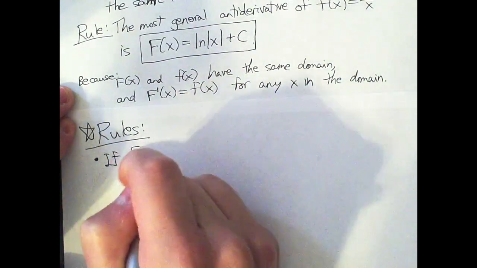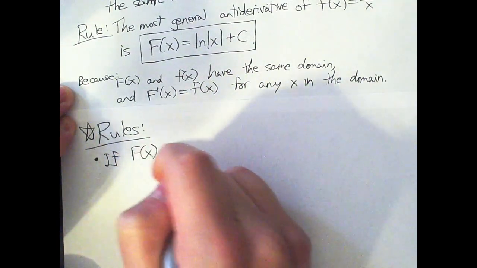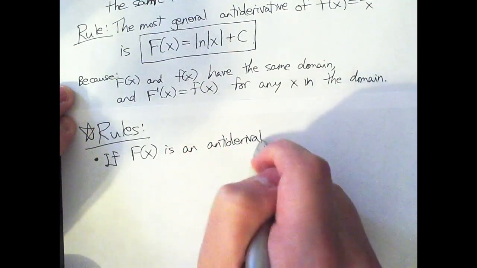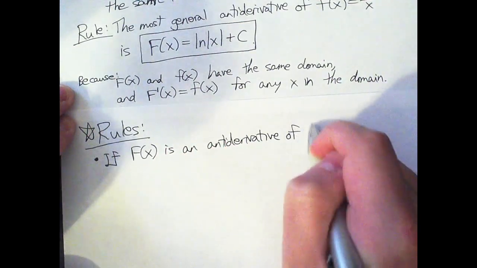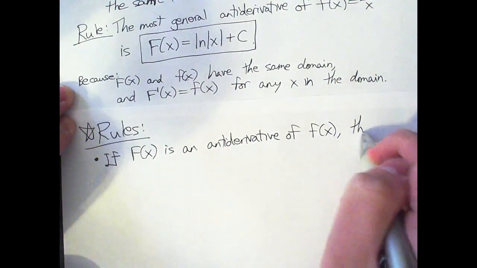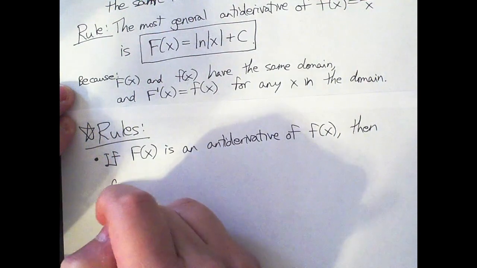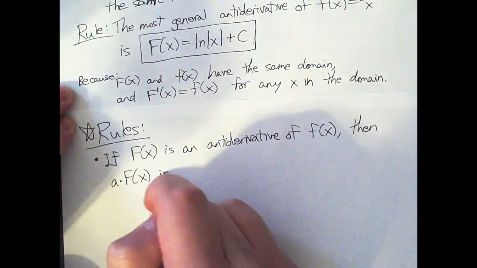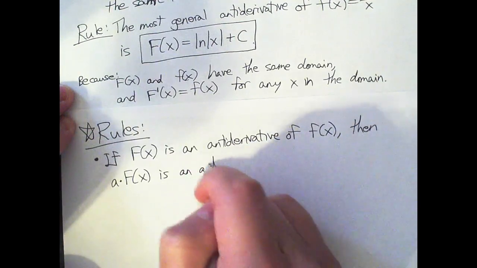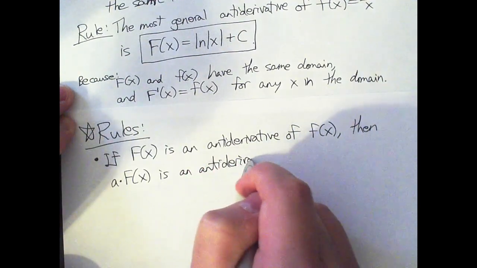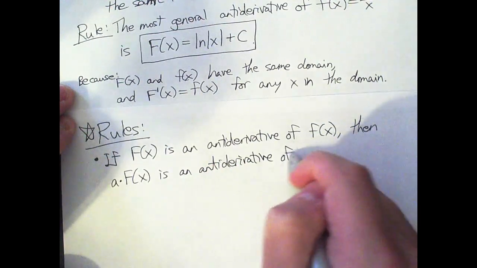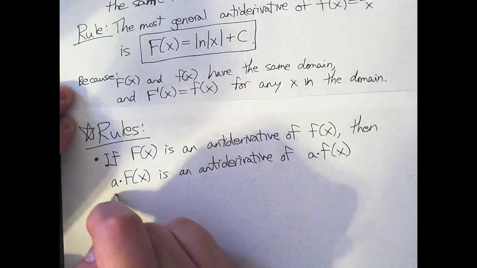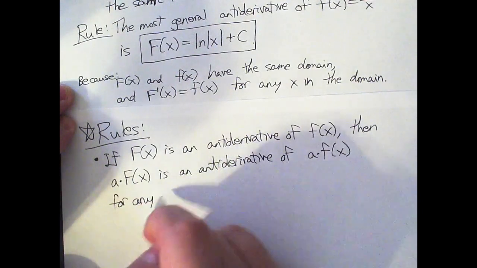First of all, if capital F of x is an antiderivative of lowercase f of x, then a times F of x is an antiderivative of a times lowercase f of x, for any constant a.